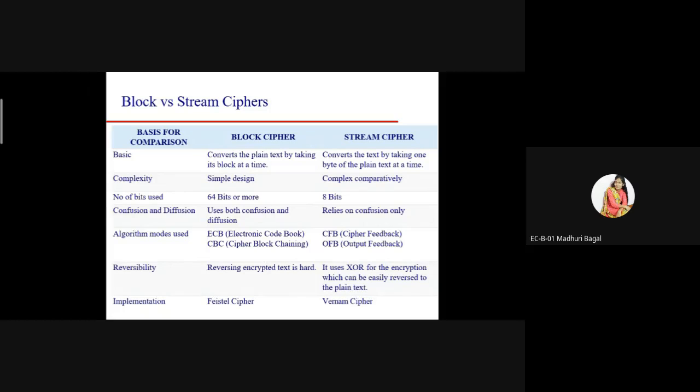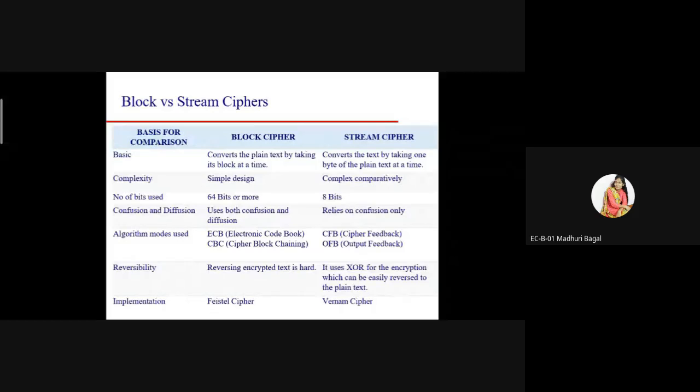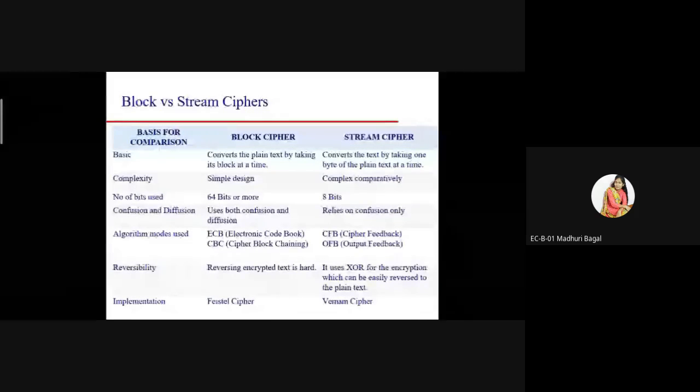Then the block ciphers are simple to design, and the stream ciphers are a little bit complex to design. Why? If we convert the large information into small units, then it is easy to encrypt. But in a stream cipher, if we have a large string, then based on the key it is too difficult for encryption as well as decryption. That's why block ciphers are simple to design.